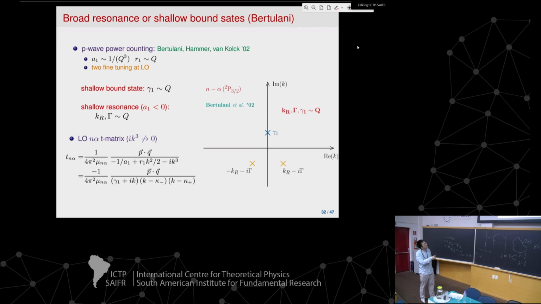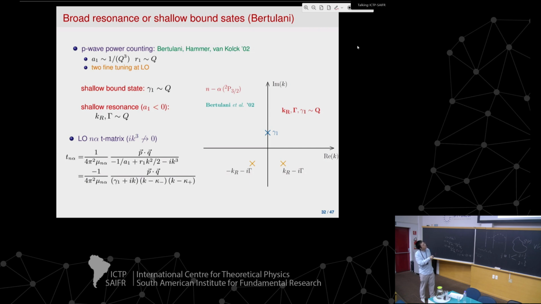It's an equation with a k, k squared, k cubed. So you can factorize it into these three parts, so basically three roots for this denominator. This part is imaginary, so this is a pole on the imaginary axis, and those kappa minus and kappa plus are complex numbers, which give you these two poles.